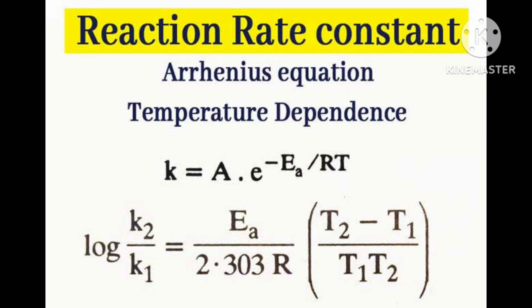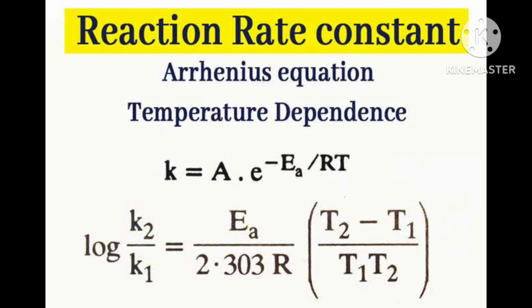For example, suppose the balanced equation is A plus B giving C plus D, then the rate of reaction in terms of A, in terms of B, or in terms of C and D, that is, in terms of reactants or in terms of products.